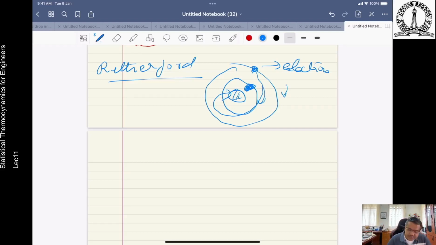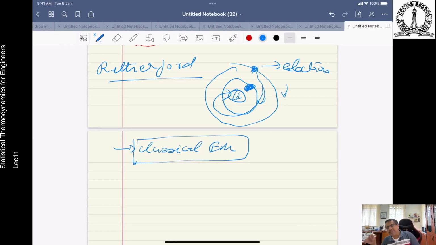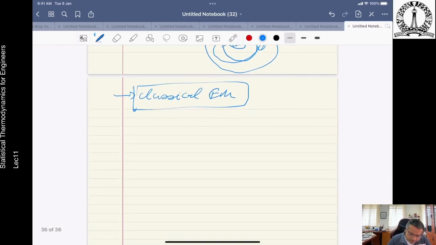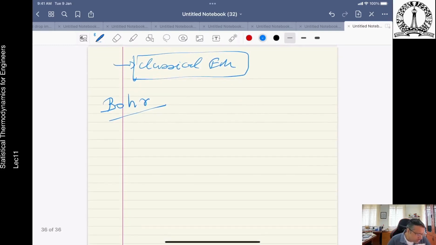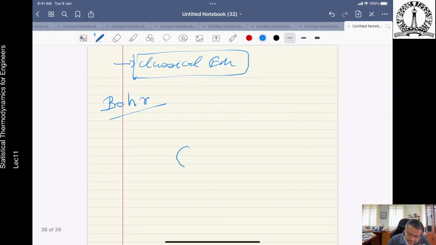This is because it could not be reconciled with classical mechanics or classical electromagnetism, since the orbiting electron should radiate energy and coalesce with the nucleus. So here came Niels Bohr. What he suggested gradually became known as the Bohr model. So he said that there is a nucleus.